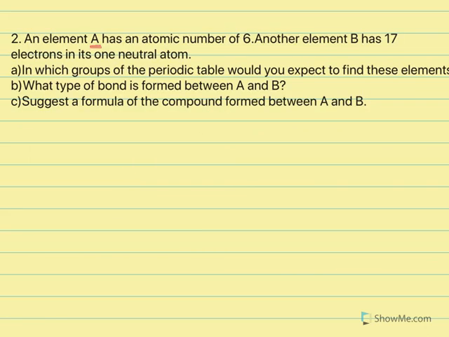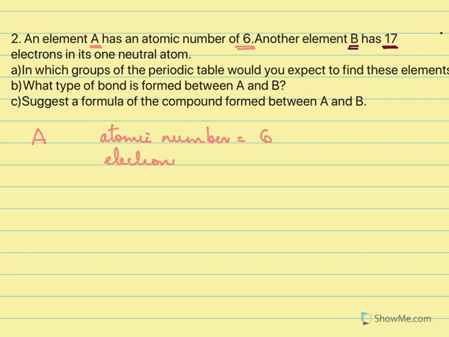An element A has atomic number 6 and another element B has atomic number 17. Not atomic number, electrons 17 in one neutral atom. So first we'll take up A. A, they said atomic number equal to 6.